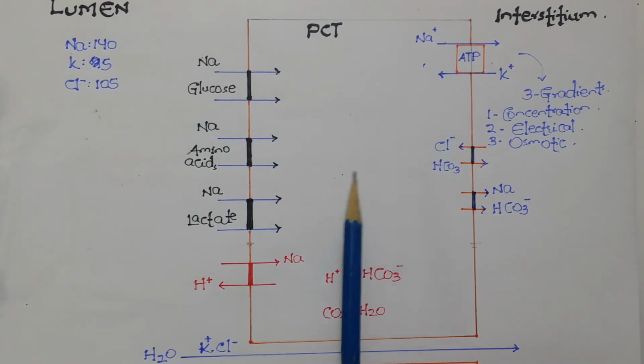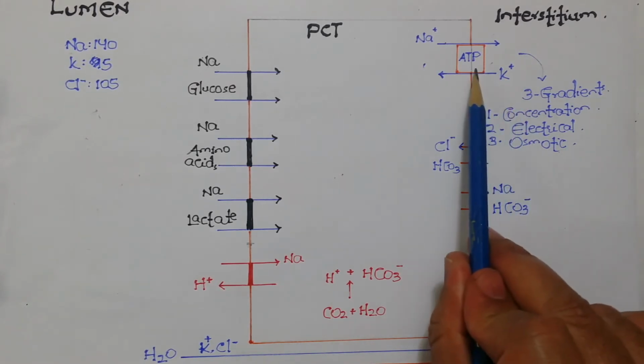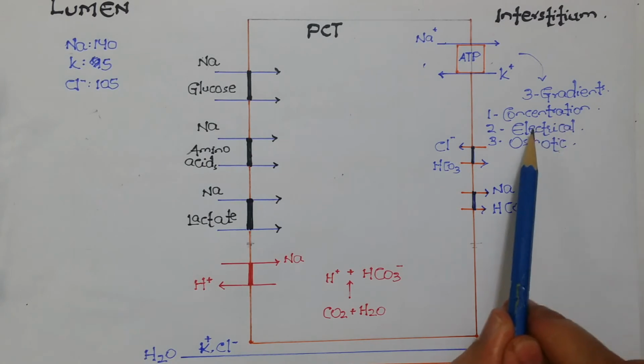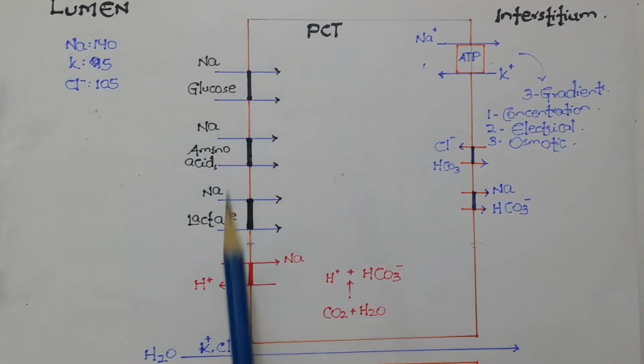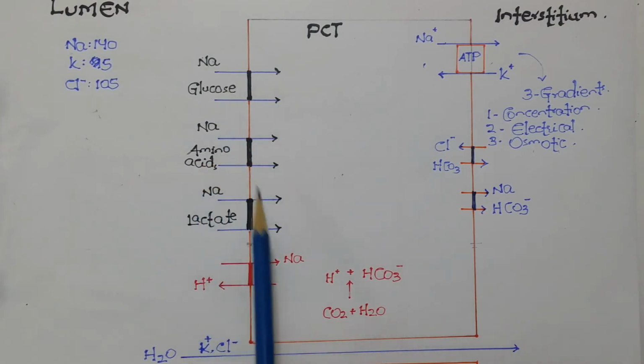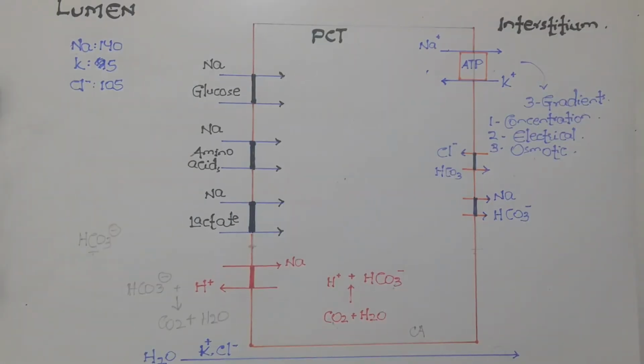So that paves the way for reabsorption of chloride to maintain electroneutrality. So this is how the activity of the sodium-potassium ATPase pump helps establish three important gradients to help reabsorb sodium along with glucose, amino acids, lactate, and then water, potassium, and in addition to its reabsorptive role, the proximal convoluted tubule also helps in the regulation of acid-base balance.